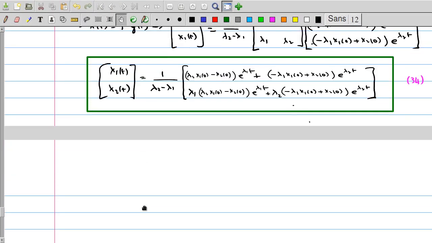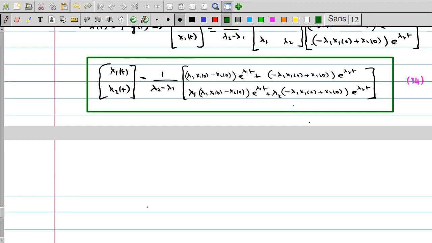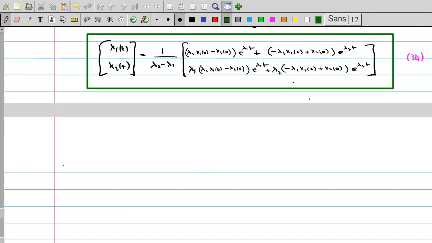All right. So we are particularly interested in the underdamped case, which is when lambda 1, lambda 2 are complex.